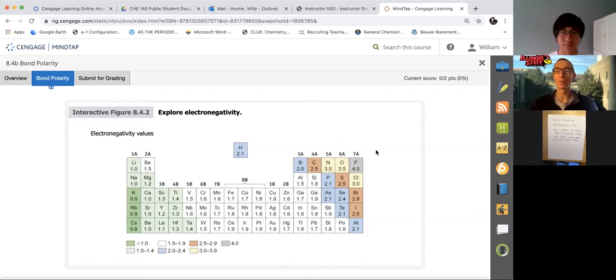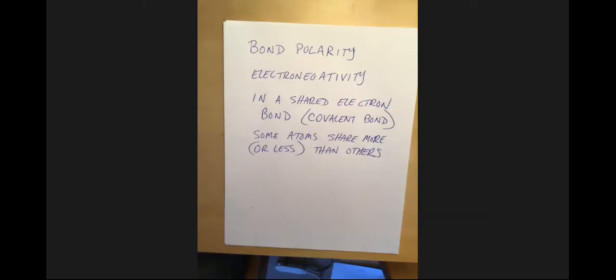And we're going to use some of these values to understand bond polarity. You'll notice also, by the way, there are no units on this. These are just relative scales. So that really means that fluorine wants to attract electrons at 4, whereas boron wants to attract them at 2, which just means that fluorine's attraction is twice as strong as boron's attraction. Okay? So the top right-hand side of the periodic table has high electronegativity values.